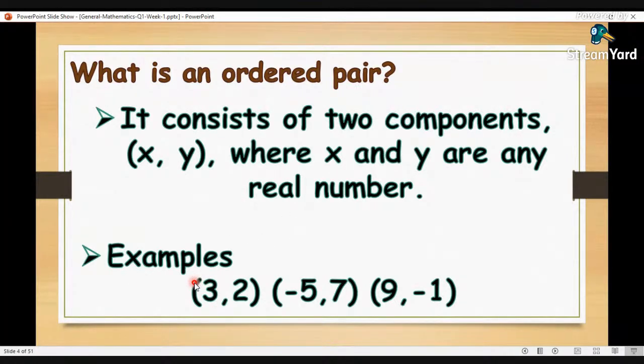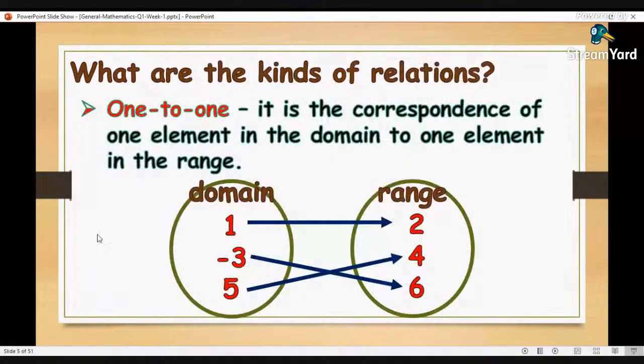Here is an example of an ordered pair: (3, 2). 3 and 2 are real numbers. Other examples are (-5, 7) and (9, -7). As you can see, they are separated by a comma and enclosed in open and close parentheses. That is how we write the ordered pair.